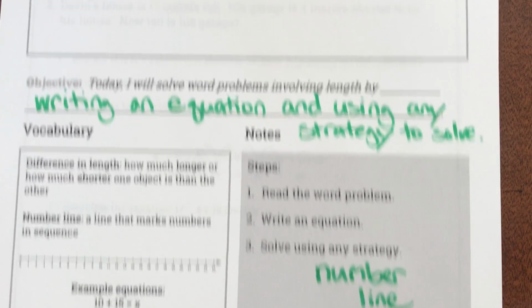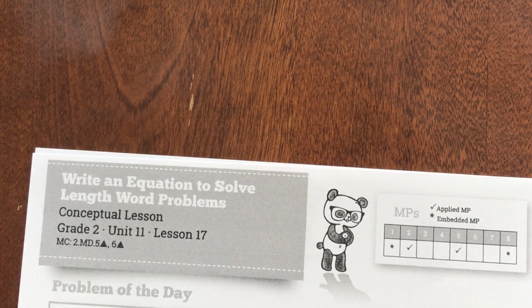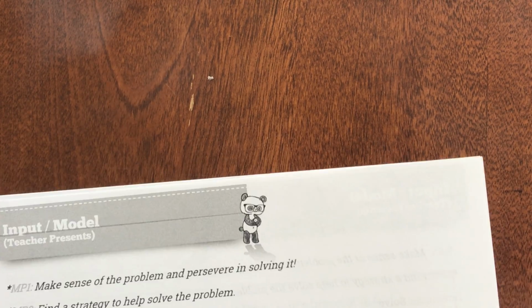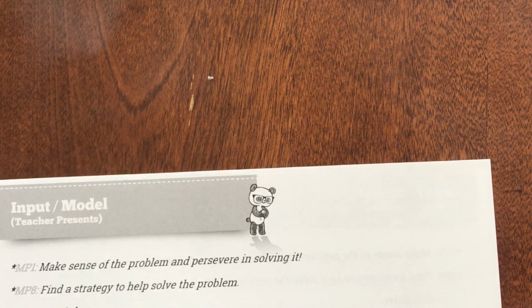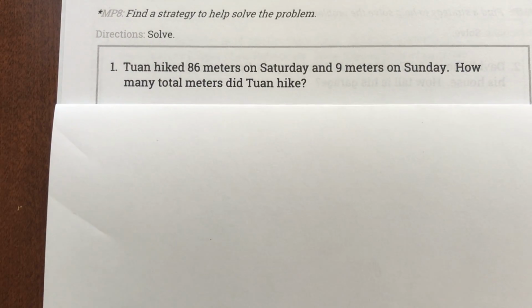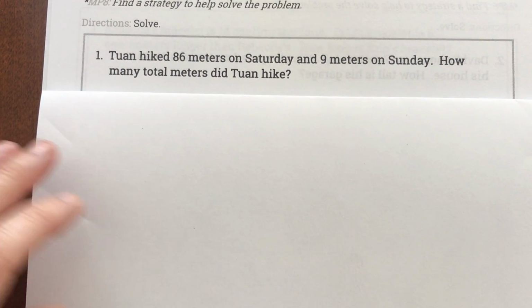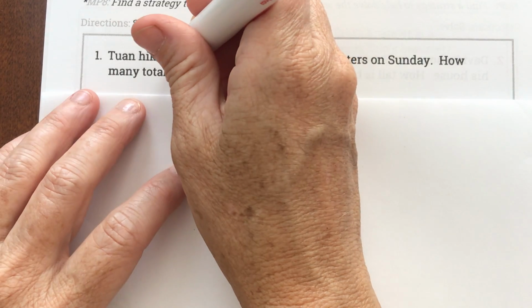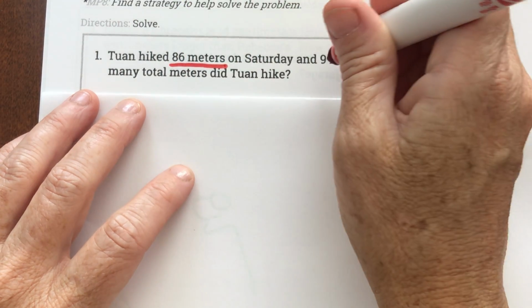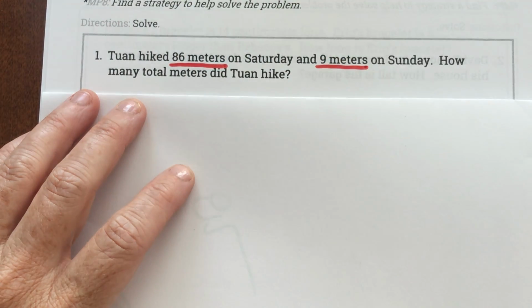So here is my first problem, and it says, Tuan hiked 86 meters on Saturday and 9 meters on Sunday. How many total meters did Tuan hike? Okay, so what I see is it was 86 meters on Saturday and 9 meters on Sunday.